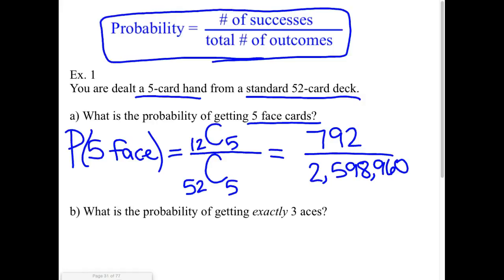So reminder, in your calculator, you'll take 792, and you'll divide it by 2,598,960. And when we do that, now remember we have talked about significant digits, so we're going to get 0.000305. So as we can see there, it's very far away from 1, so you do not have a good probability of getting all 5 face cards right away.